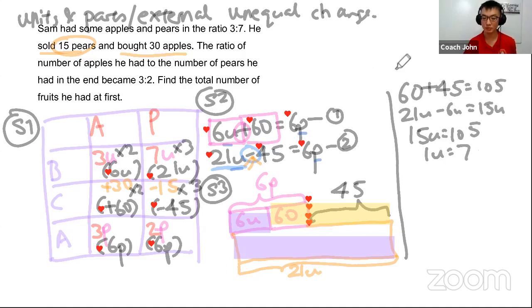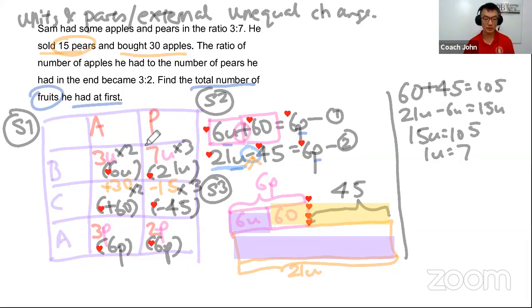Okay, now here comes the interesting part. In fact, for units and parts, I can talk the whole day because there are so many things to learn from units and parts. Now, find the total number of fruits he had at first.